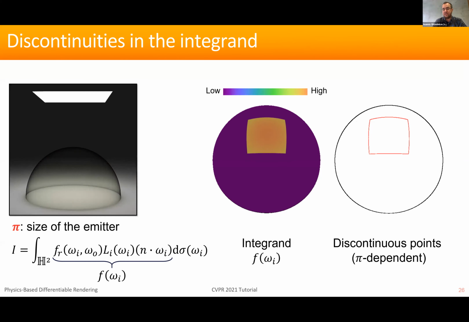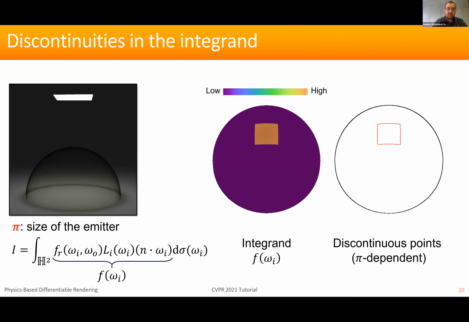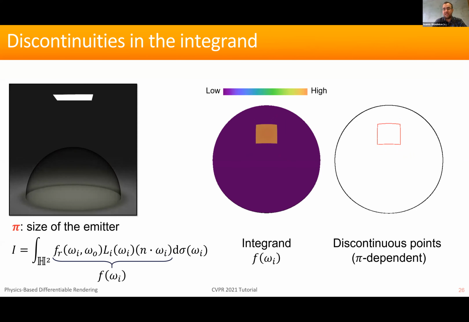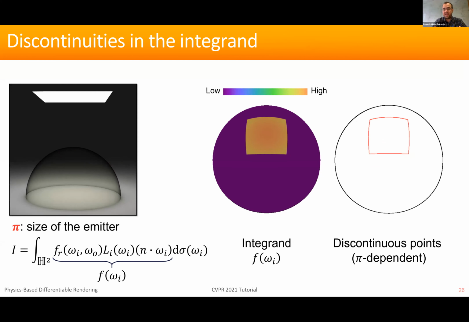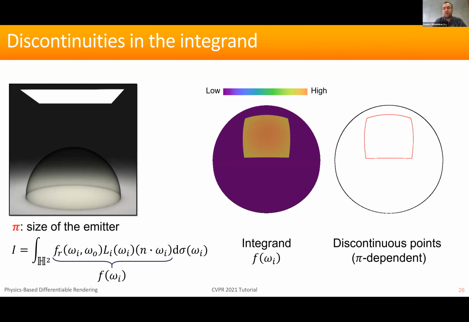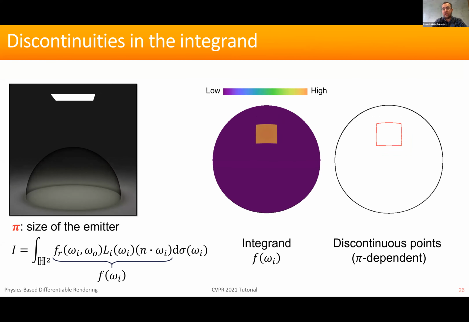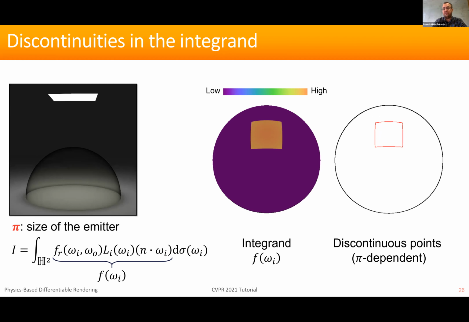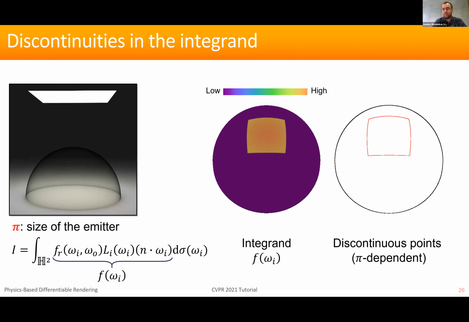If I take this scene and consider how to parameterize it with respect to the size of the emitter, pi, and I plot the integrand I'm computing, I see that this integrand has a discontinuity, corresponding to the fact that as I look around the hemisphere, the incident illumination I have is 0 for all directions that go outside the emitter and non-zero for directions that hit the emitter.